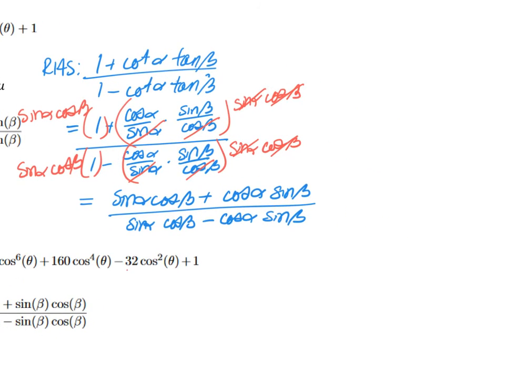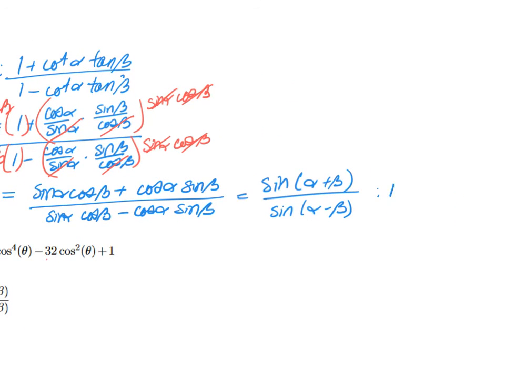The numerator is the sum of angles for sine, so sine alpha plus beta. The denominator is the difference of sine, alpha minus beta, and this gives me my left-hand side.